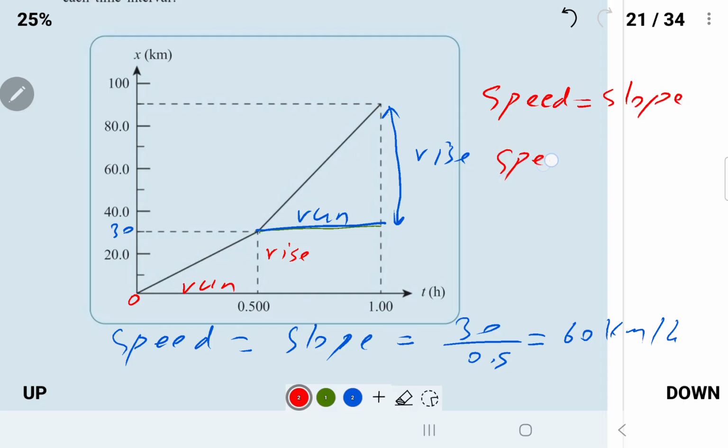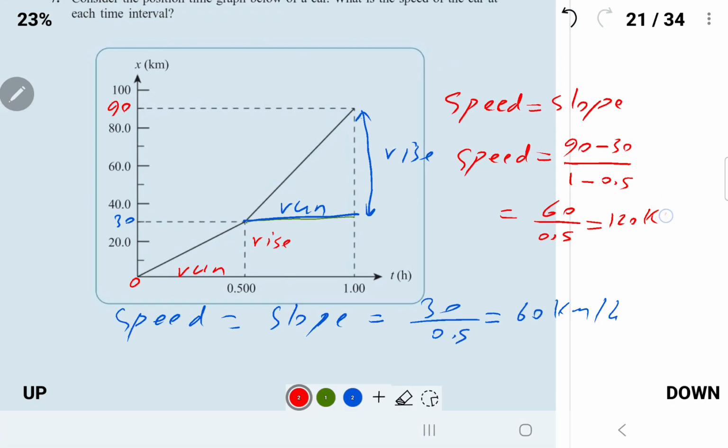So speed would be the rise, from 30 to 90, or you can say 90 minus 30, divided by 1 minus 0.5. 60 divided by 0.5, which is 120 kilometers per hour.